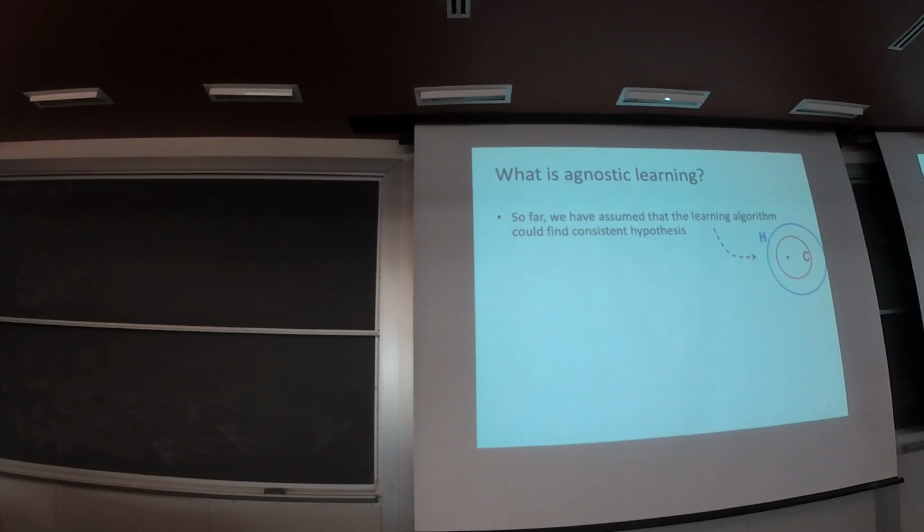Otherwise, say some particular target function is outside your hypothesis space, say it stays here. Then it is always possible that you find a particular example where your target function prediction is different from any predictions from all the functions in H. Then you cannot give a zero training error. Any question?